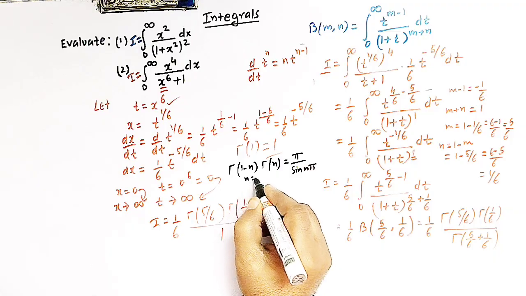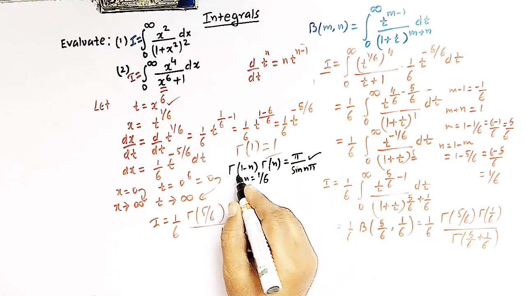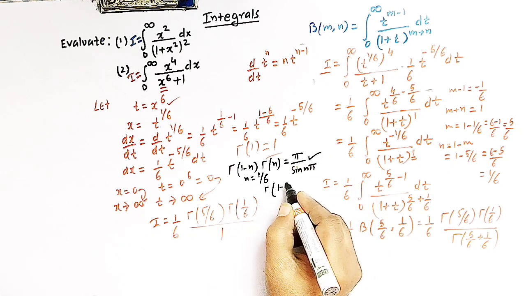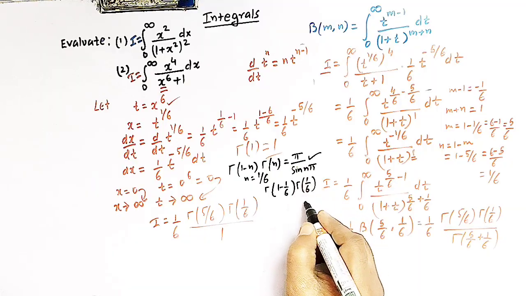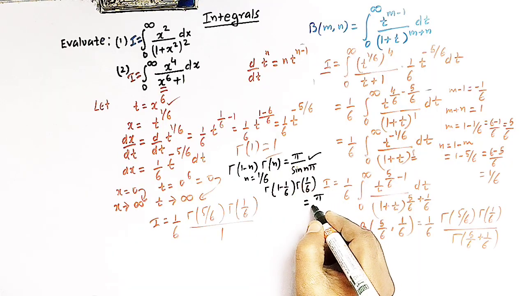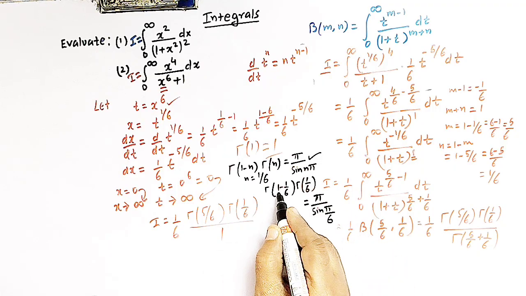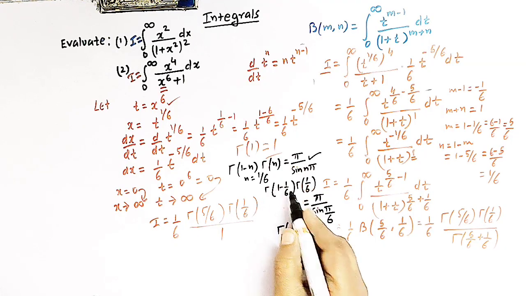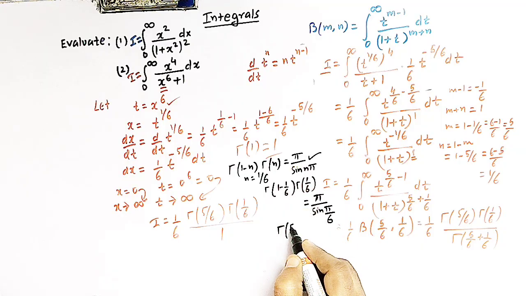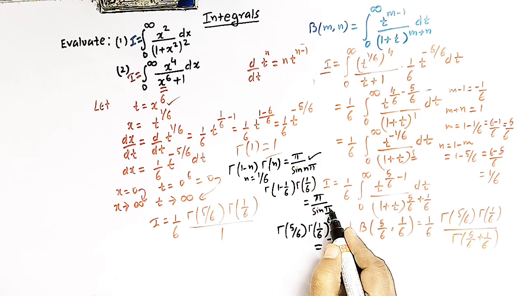And if we take n is equal to 1 over 6 in this result, then we have gamma 1 minus 1 over 6, and then we have gamma 1 over 6, and that is equal to pi divided by sine pi over 6. So gamma 1 minus 1 over 6 is gamma 6 minus 1, that is 5 over 6, then we have gamma 1 over 6, and this is equal to pi divided by sine pi by 6.